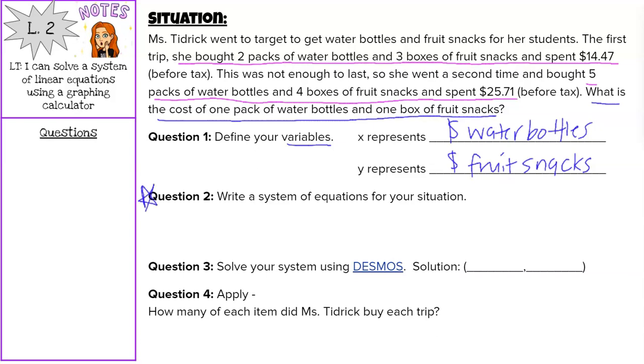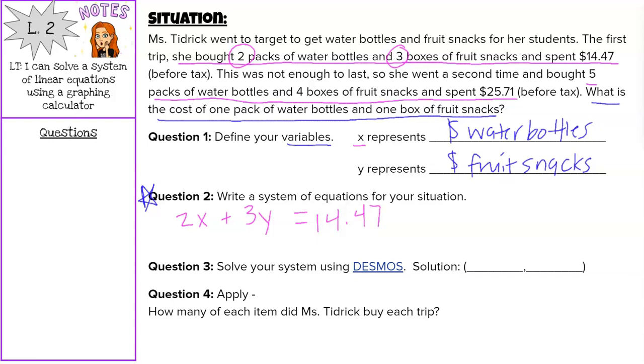So on the first trip, I bought 2 packs of water bottles. So I'm going to put 2x, because x would tell me the cost of water bottles. And then I bought 3 boxes of fruit snacks, so I'm going to add to that 3y, because 3 times the cost of fruit snacks would tell me my total. And I know all in all, I spent $14.47.